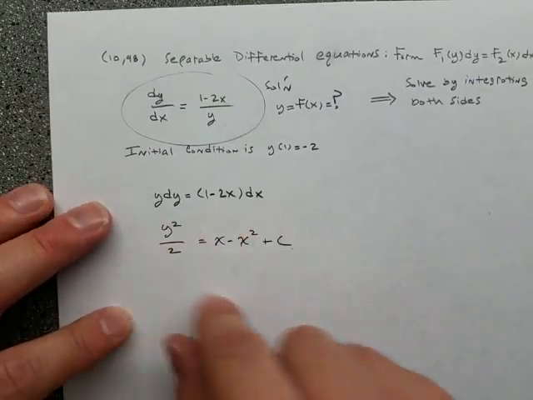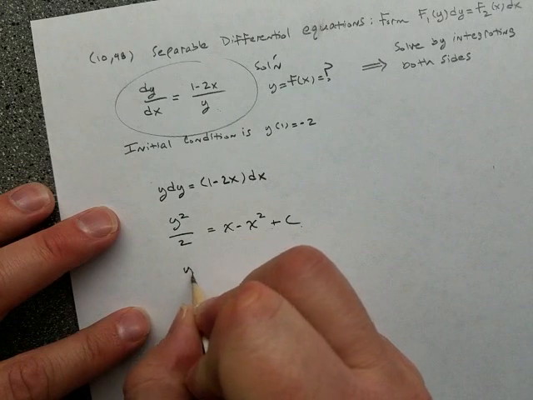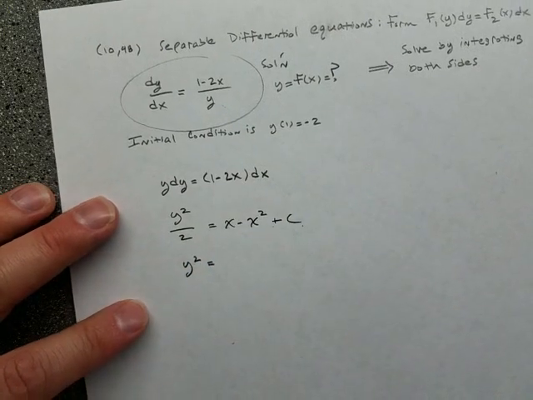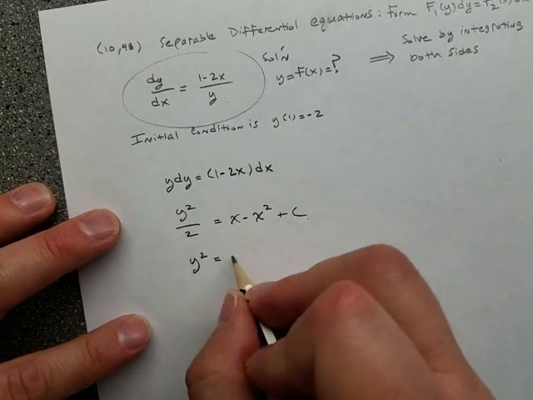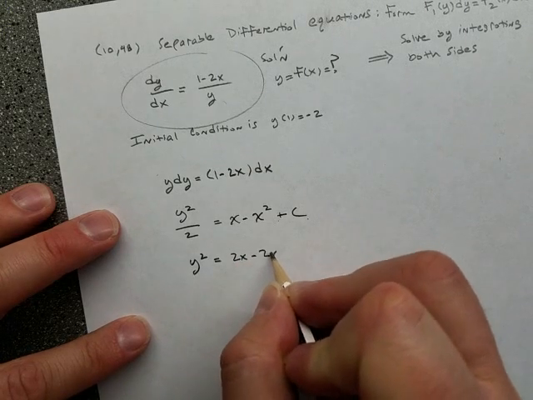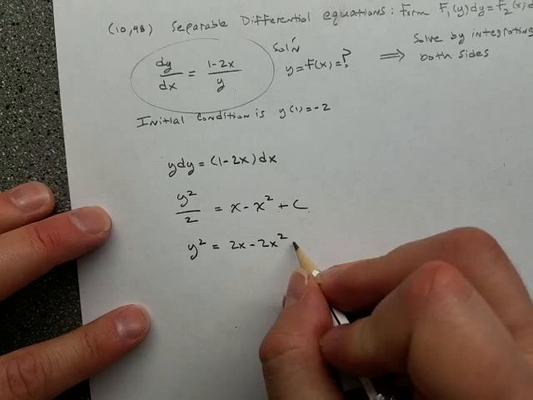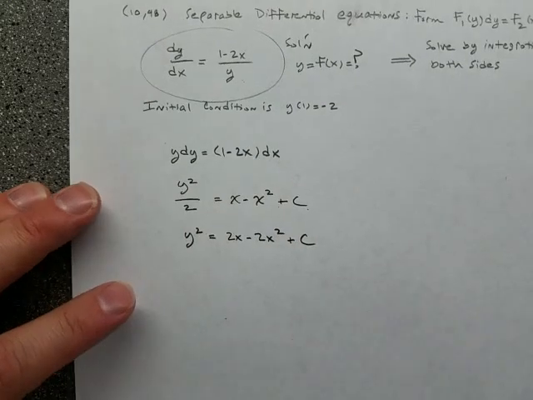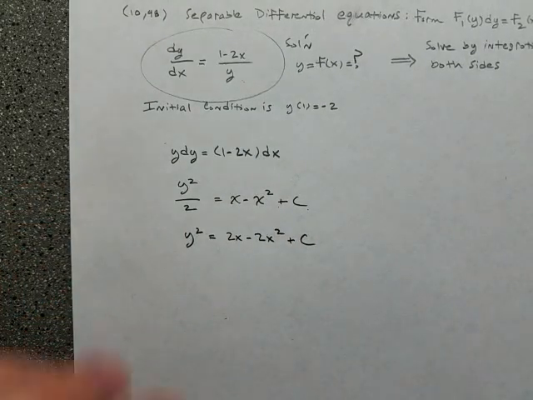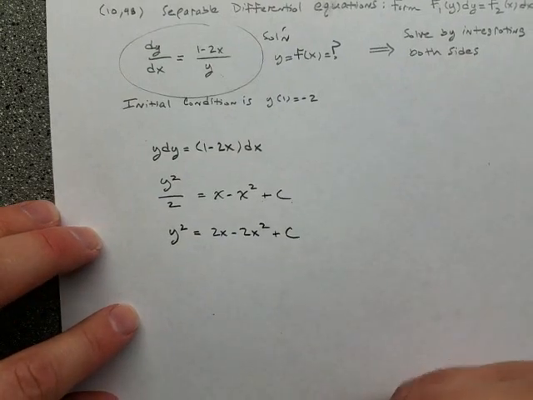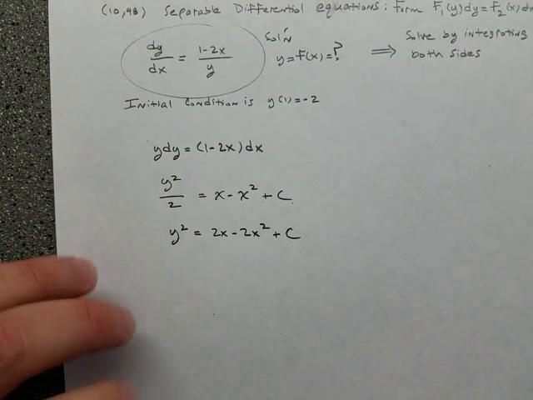So I can try to get that out of this. One obvious thing is multiplying by 2, and I'll get 2x minus 2x squared. And then we could say that was 2c, but it would still just be a constant that we don't know. There's no advantage at all to saying it's 2 times c, so we'll just keep calling it c.